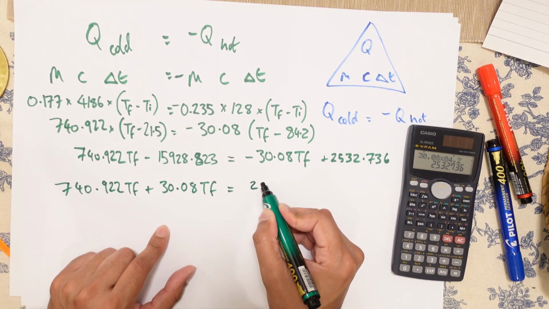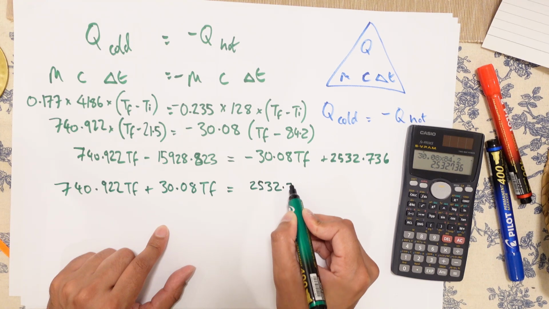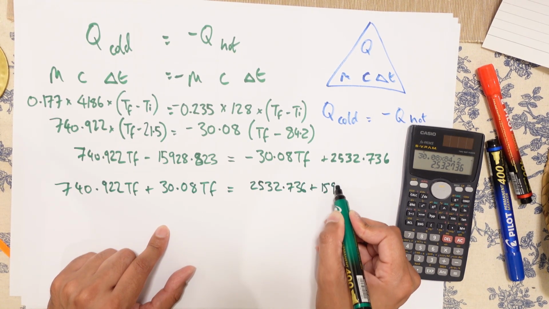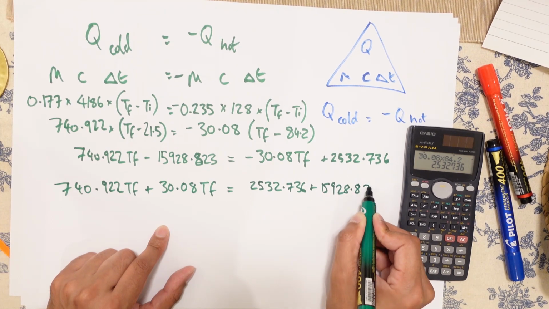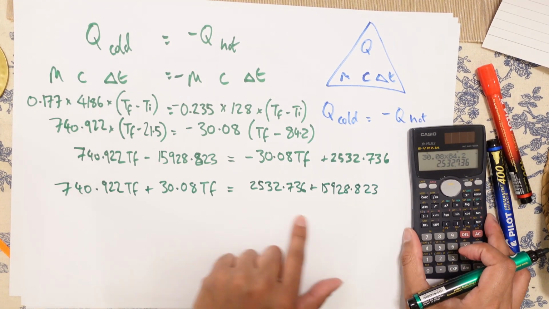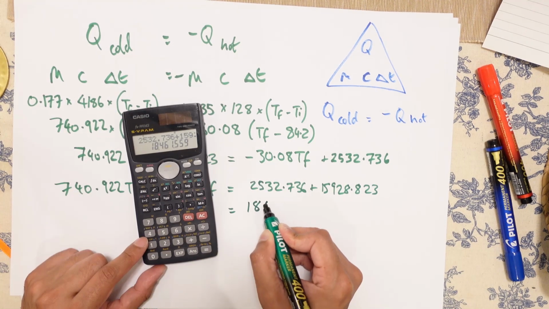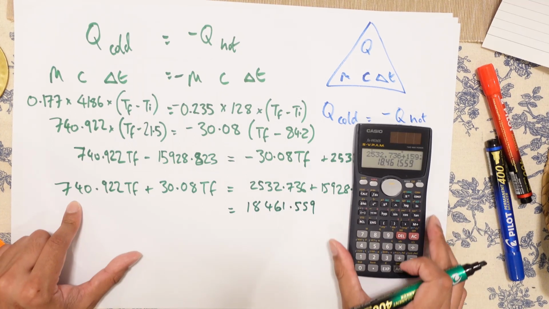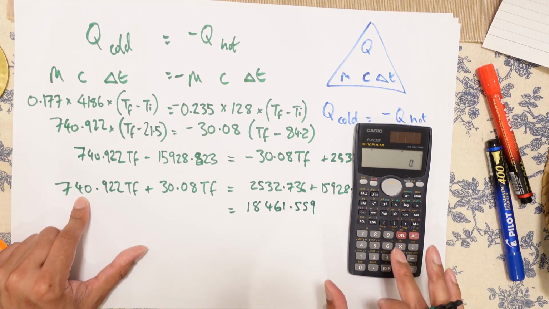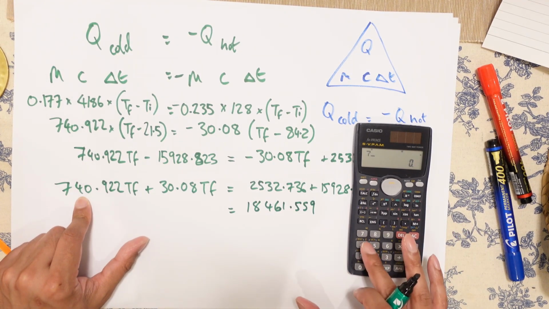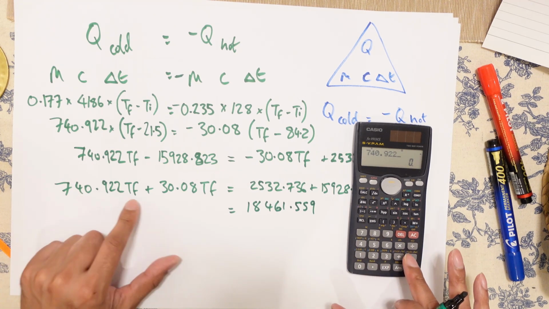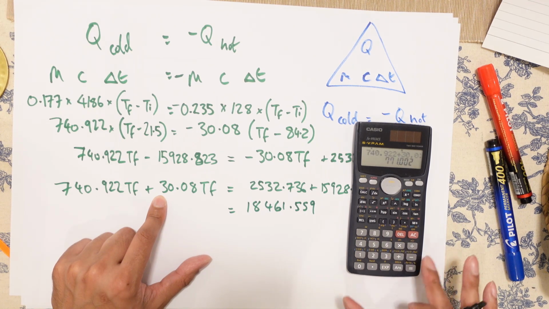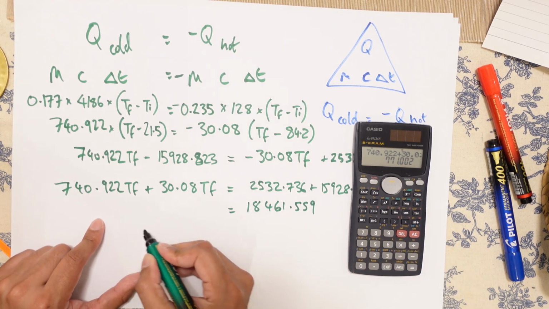So you end up with 2532.736 plus 15,928.823. So let's work out this bit first. It's 18,461.559. And on the other side, we've got 740.922 plus 30.08, which is 771.002 Tf.